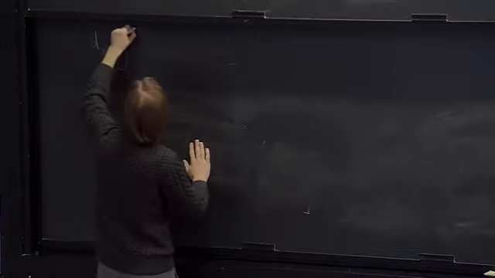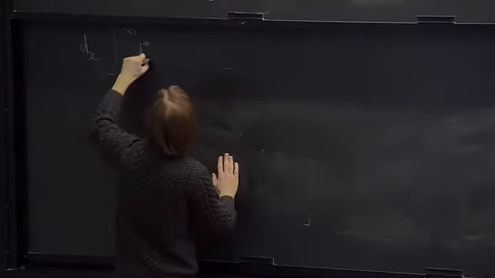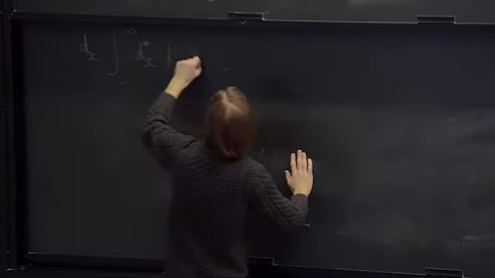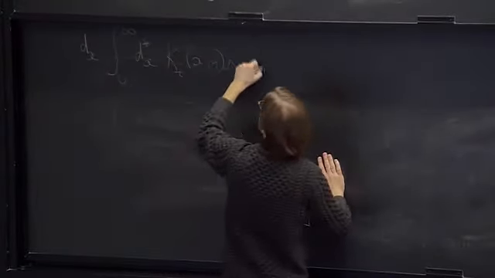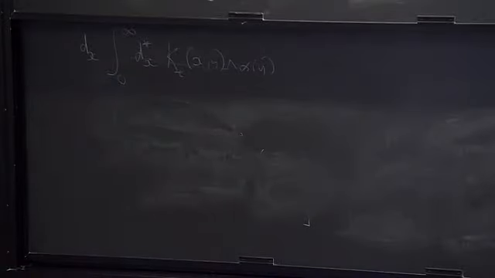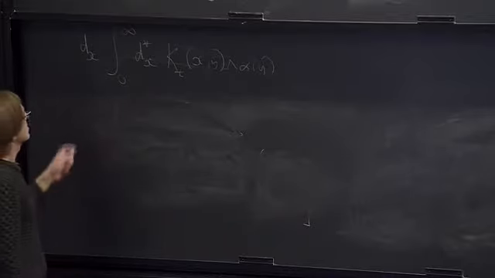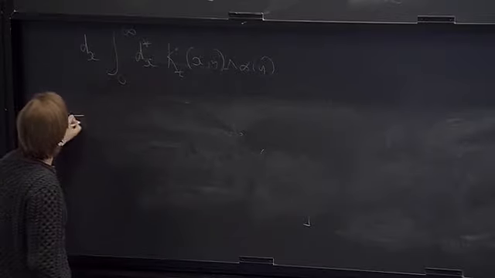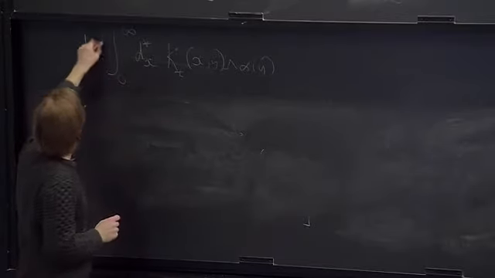How do we check that? We just plug in an alpha and verify. Apply d in the x variable to the integral from 0 to infinity of d star in the x variable times the heat kernel K_t(x,y) wedged with alpha of y, and here we're integrating over y as well.